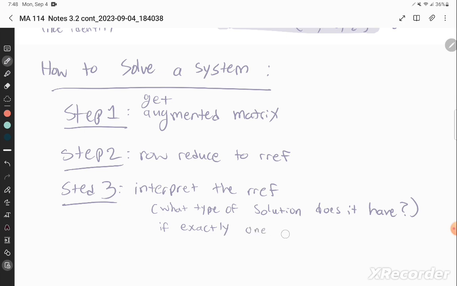If exactly one solution, what is the solution? All right. And that's kind of the steps we're taking here. That's kind of the goal that we have, and we're going to try and reach.